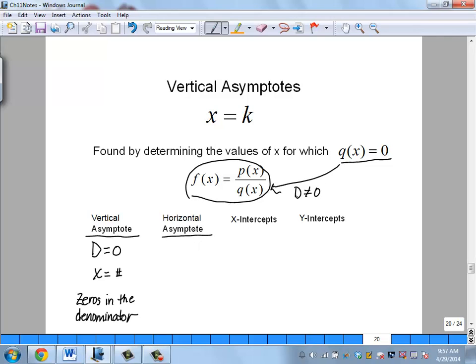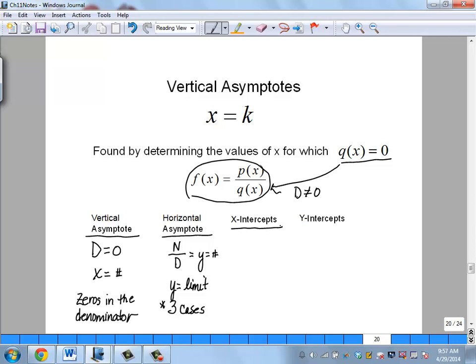Horizontal asymptotes, you're going to use your numerator and your denominator to find, all right? So this is going to give you a y equals a line. You can have more than one too, all right? And this is your horizontal asymptote, or your y equals your limit. Now, the next slide is going to tell you more, because there's 3 cases that you can use to find your horizontal asymptote, and we're going to talk about that, right?